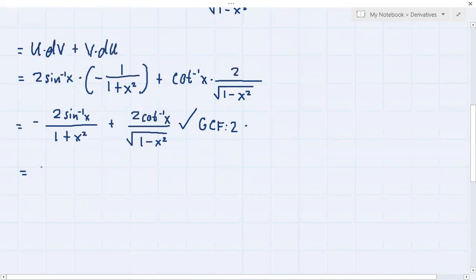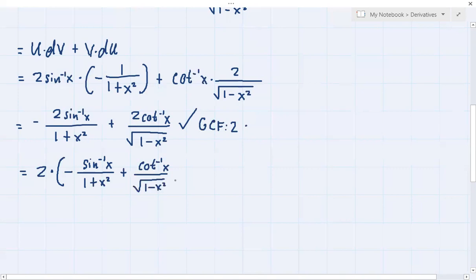So what happens is I will have 2 times the quantity negative arcsine over 1 plus x squared plus arccotangent over the square root of 1 minus x squared. So this can be your final answer.